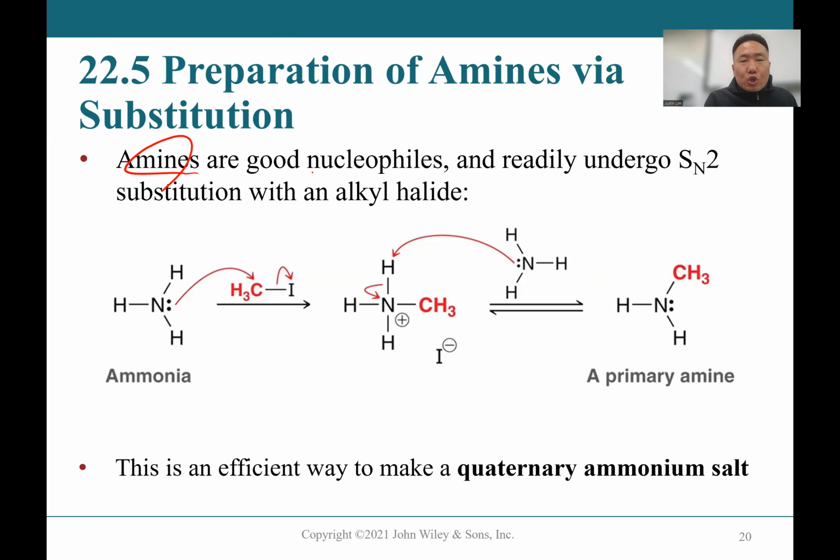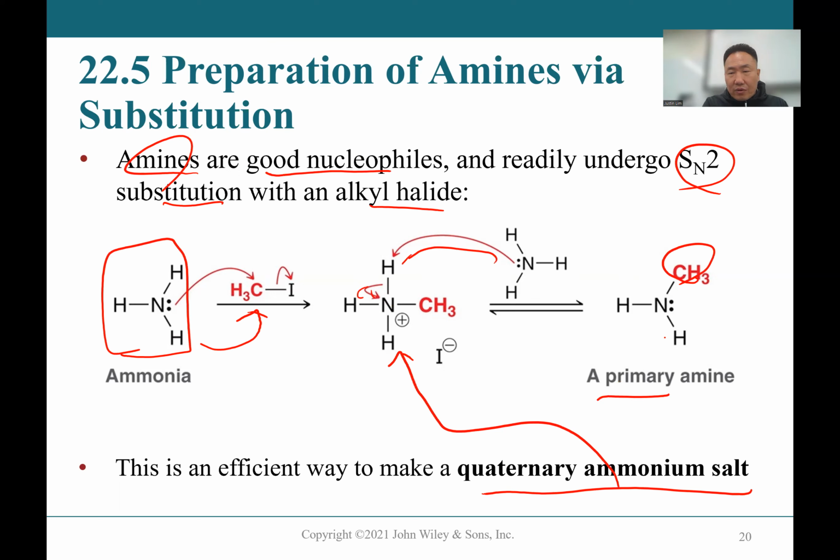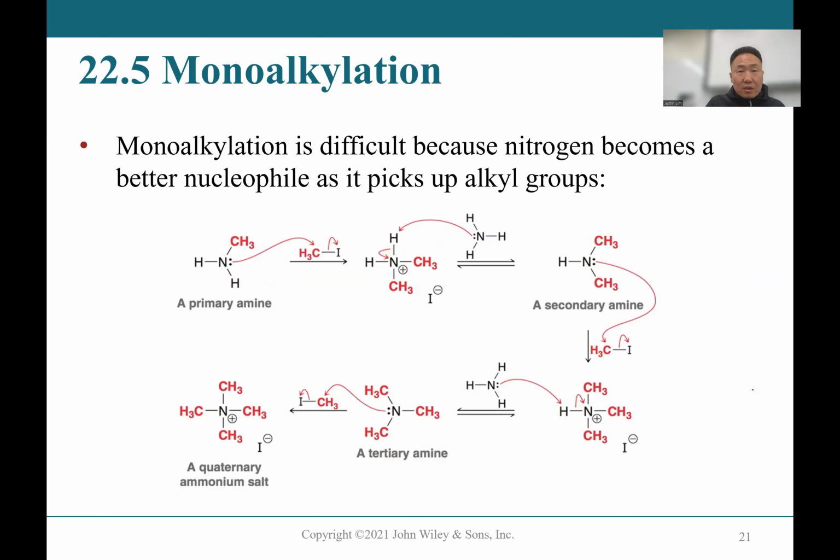So amines are good nucleophiles and readily undergo SN2 substitution with alkyl halides. So ammonia reacts with an alkyl halide to generate an ammonium salt. And then a proton transfer step, finally you can get the primary amine. Okay, let's focus on monoalkylation. Monoalkylation is difficult because nitrogen becomes a better nucleophile as it picks up alkyl groups.